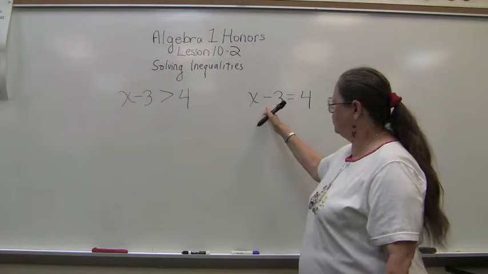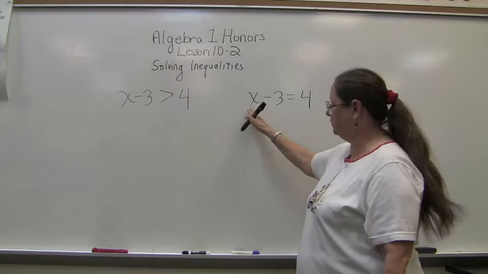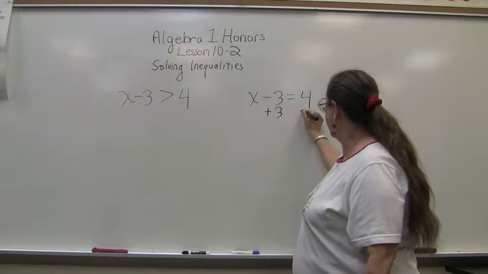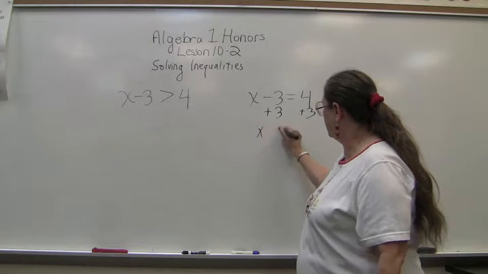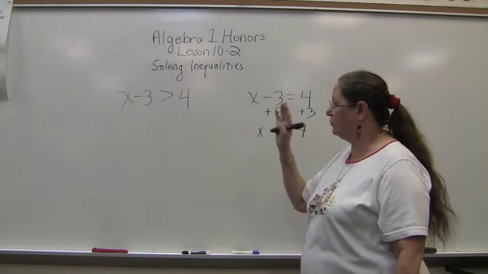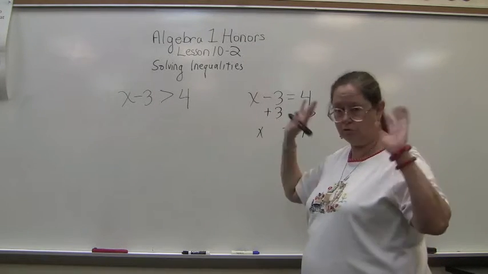Over here, we would undo the subtraction of 3 so we can find what x originally was. We'd put that 3 back by adding it to both sides, and we'd get x equals 7. As long as you're only doing addition, you're okay.